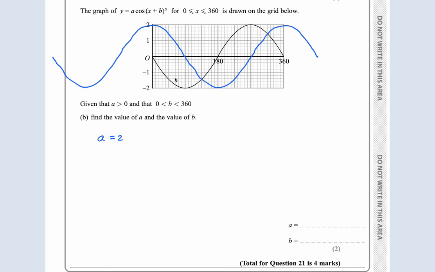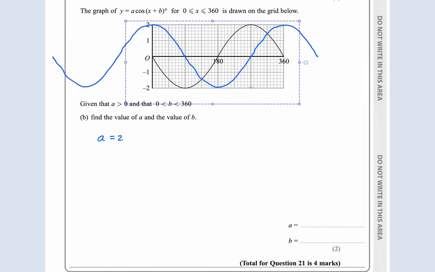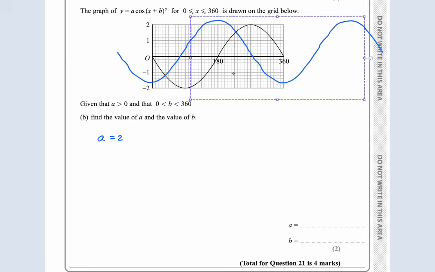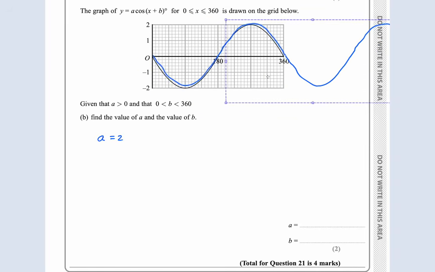So that's fine. This bit's more tricky. The graph has been moved. Now, you can move it right and it'll get onto their graph, or you can move it left and it'll get onto their graph. It's periodic, which means it just repeats itself. So you can move it as much as you want to fit onto this.